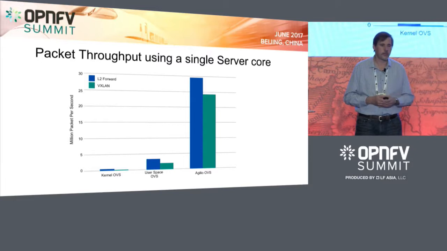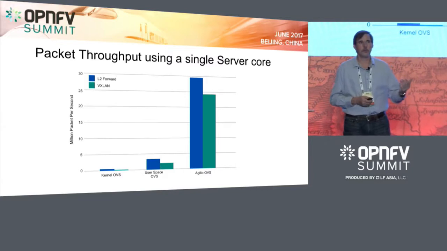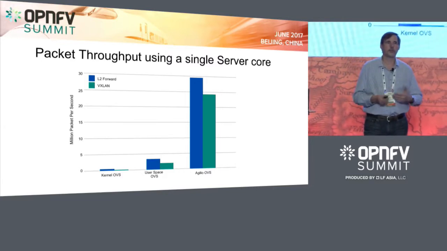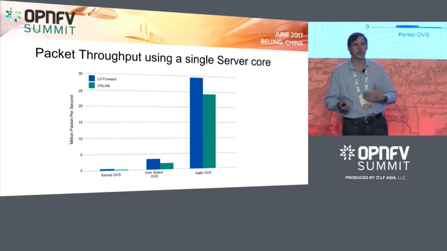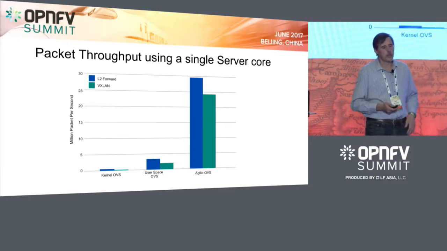So that's a pretty high number. The VXLAN performance is also pretty high, about 24 million packets per second, and that includes both VXLAN encap, decap, as well as forwarding based on the L3 information inside the VXLAN tunnel.